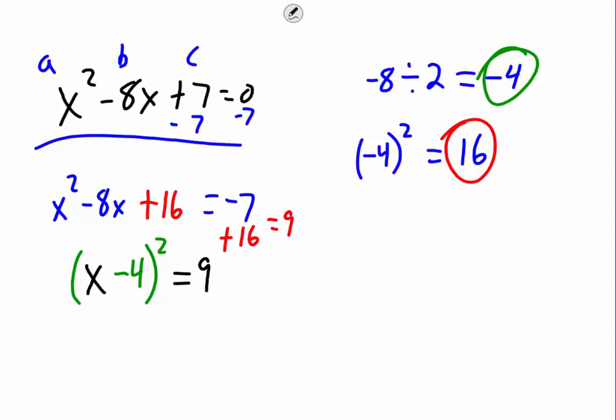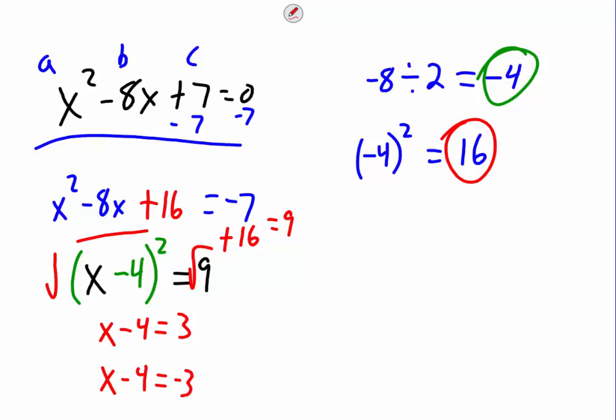Now, in order to solve this, I need to take the square root of each side. And don't forget that when we take the square root of a 9, we need to go positive and negative. So we're going to end up with x minus 4 equals positive 3, and x minus 4 equals negative 3.